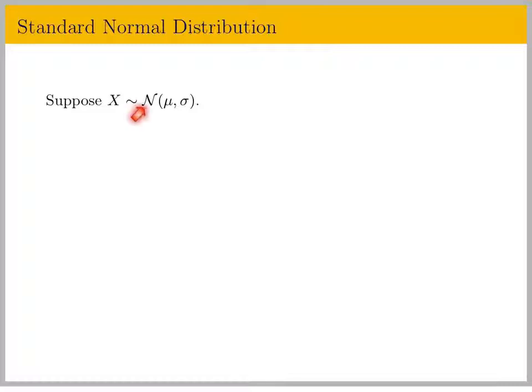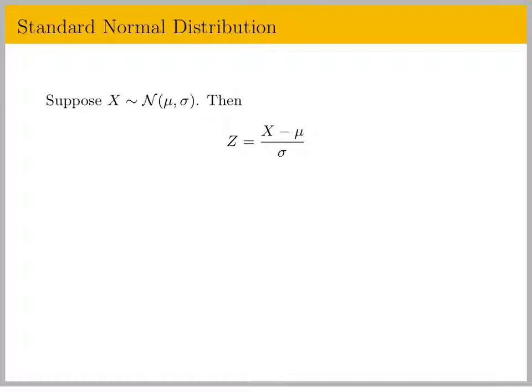So if you see the notation N, and then in parentheses two parameters, that means a normal distribution with mean in the first position and standard deviation in the second position. So X is distributed as a normal random variable with mean mu, standard deviation sigma.